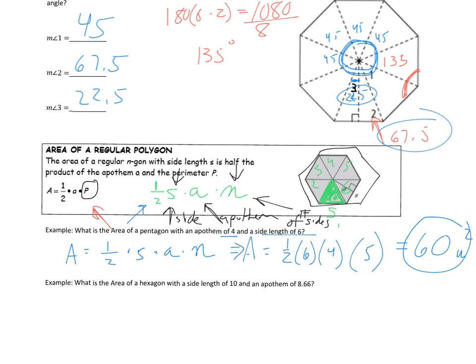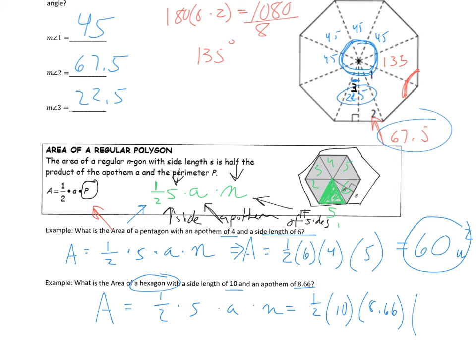What about for our last example of the day? The area is going to equal 1/2 times the side length times the apothem times the number of sides. Well, what is the side length? 10, it tells us in the question. What's the apothem? 8.66. A lot of times you're going to get decimals with these. That's okay. And what's the number of sides? Well, it's a hexagon.